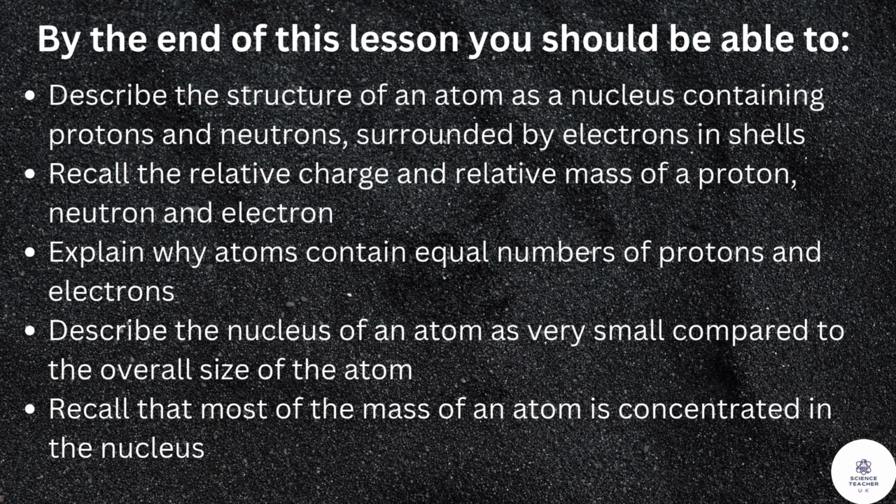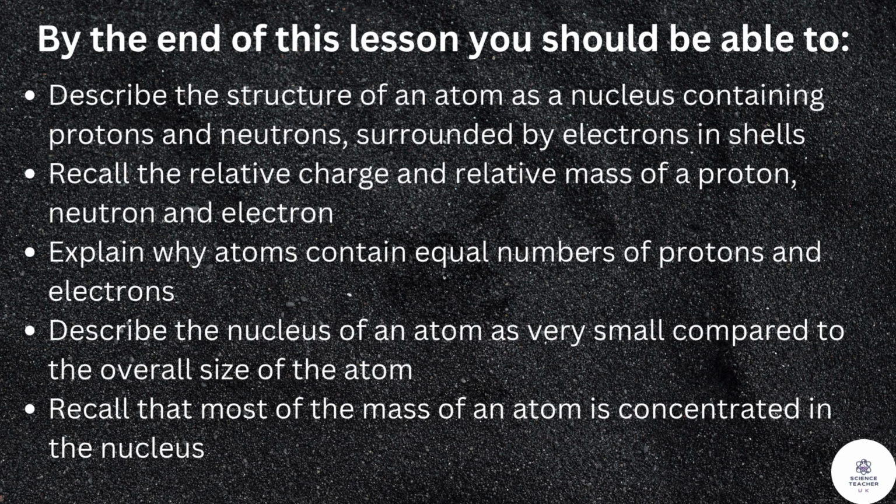Okay, so to recap what we have done in this episode, we've described the structure of an atom as having a nucleus containing protons and neutrons surrounded by electrons in shells, and you drew a diagram to show that. You need to be able to remember and recall the relative charge and relative mass of a proton, neutron and electron.